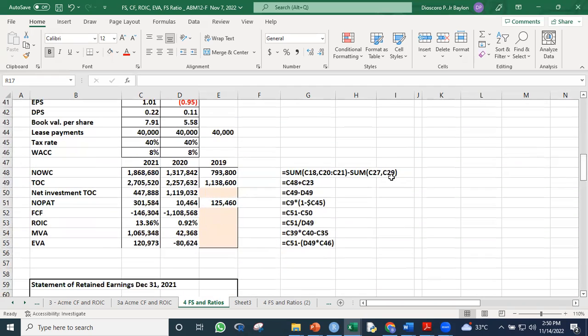The WACC is 8%, and in 2021, the company generated a return on invested capital of 13%. However, in 2020, management destroyed value, and that can be seen in the negative economic value added.